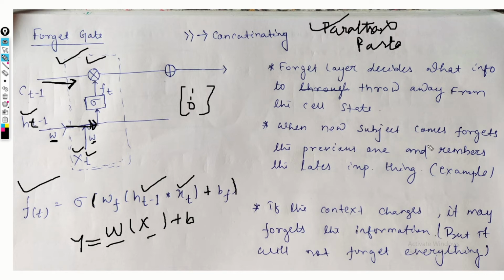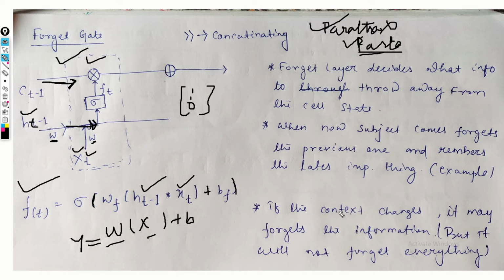When the new subject comes, it forgets the previous one and remembers the latest important thing that I have shown you. So it forgets the previous one and remembers the pasta, which is the latest important thing to predict the next cuisine. If the context changes, it may forget the information, but it will not forget everything.